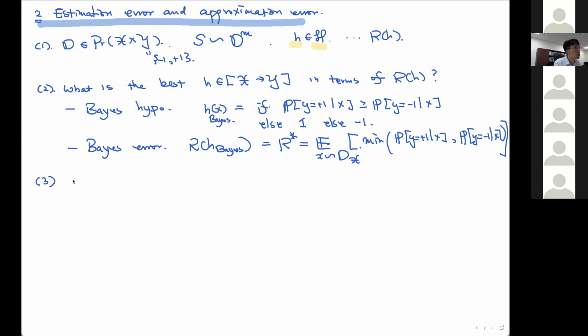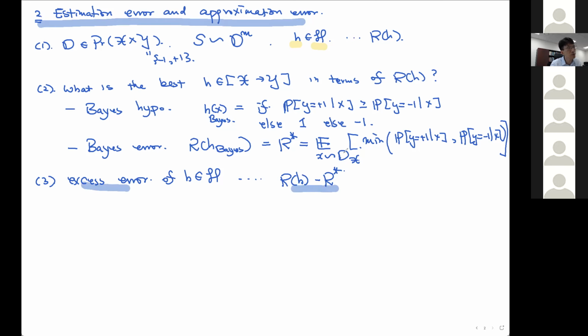So we can define the following quantity, called excess error, of hypothesis h, defined to be R of h minus R star. This means, compared to the best, how much worse we are doing. Okay, so that's the idea of excess error.